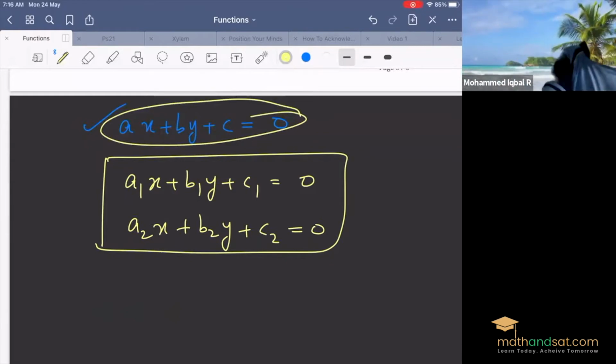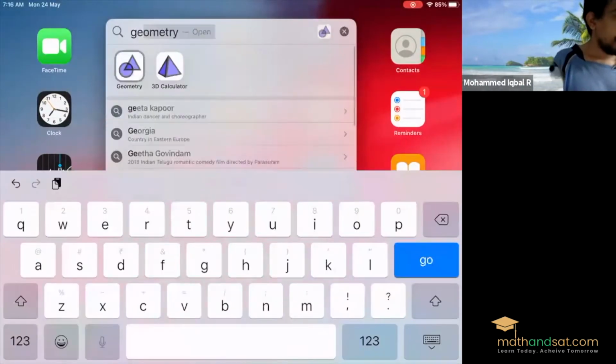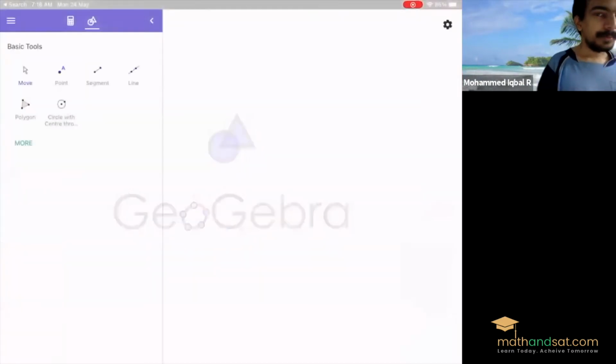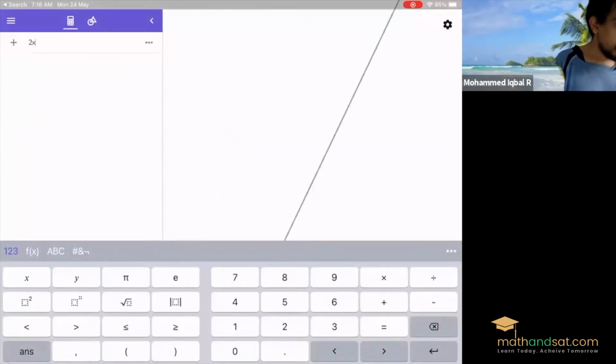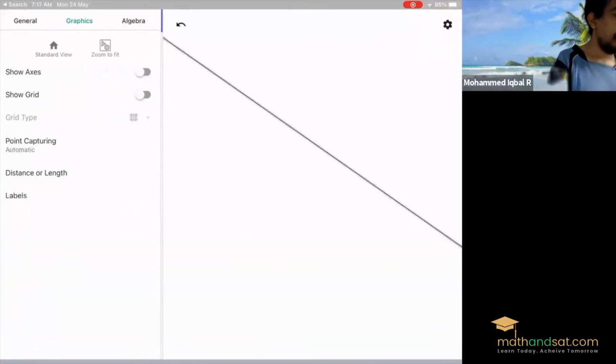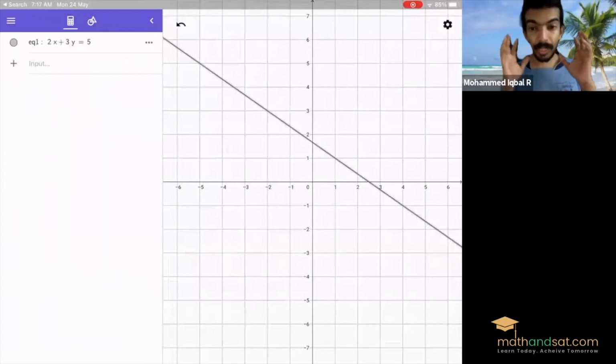Say, for example, 2x plus 3y is equal to 5. This is a linear equation. You can see that it's a straight line, and there are infinitely many points on the straight line.